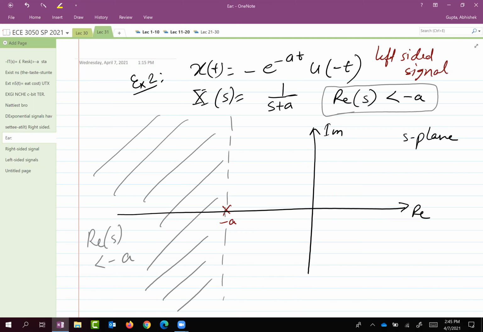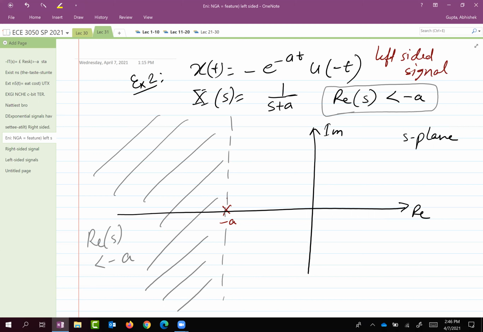In this case, the region of convergence is on the left side of the pole. So the pole is negative a, and the region of convergence is on the left side of the pole. That probably gives you an intuition about why it's called a right-sided or a left-sided signal. And so today's class is over.